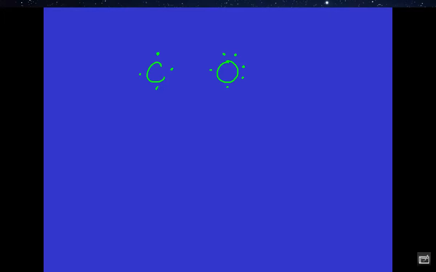Now, these electrons are shared, so we can't draw an arrow to show this. What we actually do is draw a circle. These 2 electrons are getting shared between the carbon atom and the oxygen atom, so they count for both. If you look at this one, I've got 1, 2, 3, 4, 5, 6 on oxygen, I now have 7.